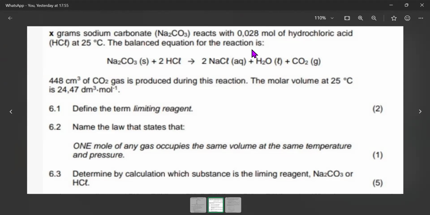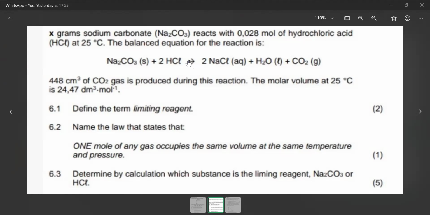Okay. Then the first question says we need to define the term limiting reagent. You know what the limiting reagent is? And then they say name the law that states that 1 mole of any gas occupies the same volume at the same temperature and pressure.